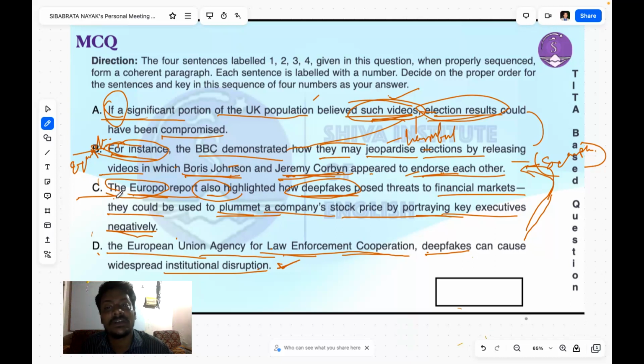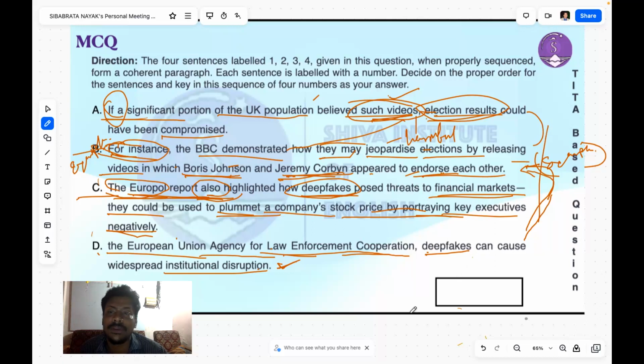And option C said what? The Europol report also highlighted. So finally, if we look into option C, it said the Europol report also highlighted. So 'also highlighted' means besides the European Union agency's idea that deepfakes can cause institutional disruption through these videos, the Europol report also highlighted how deepfakes pose threats to financial markets, which could be used to plummet a company's stock price by portraying key executives negatively, isn't it?